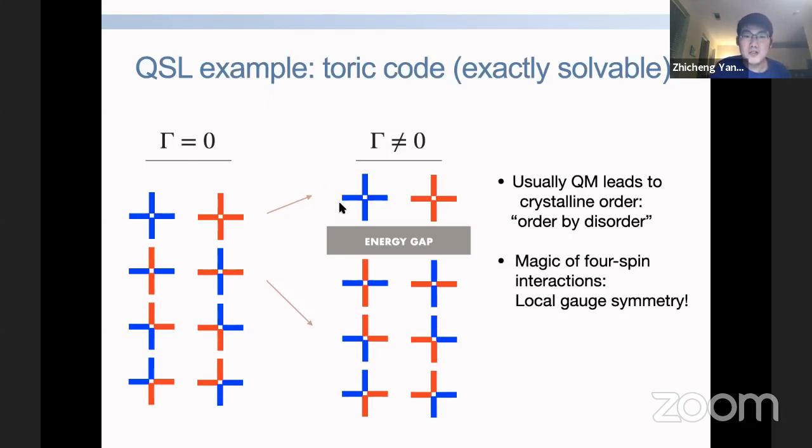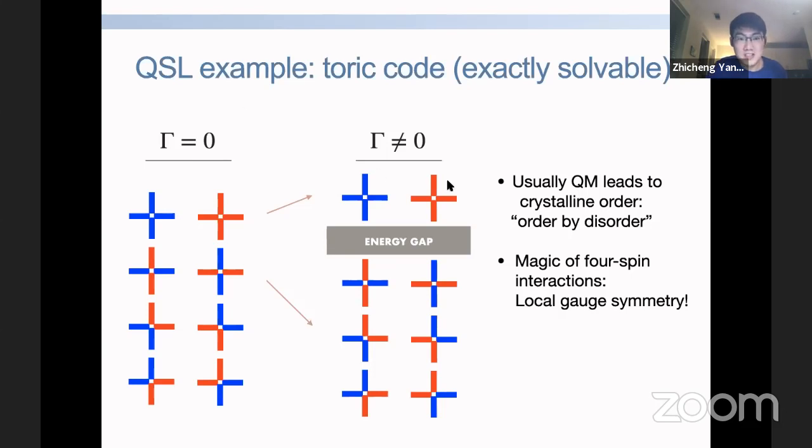Okay, now you turn on the quantum fluctuations. Usually when you start from a system that contains a massively degenerate classical ground state, at the moment you turn on quantum fluctuations, what they will typically do is energetically favor a subset of classical configurations as the true ground state of the entire Hamiltonian.